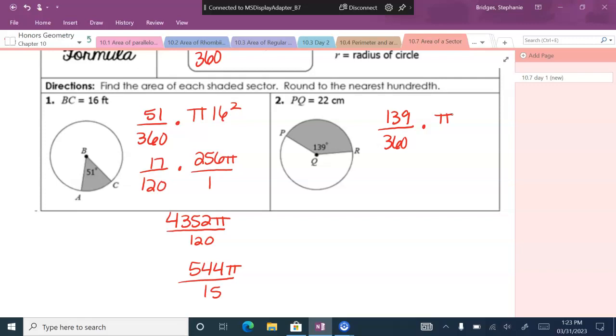Look above your picture. What does it tell you? PQ equals 22. Is PQ my radius? Okay, so let me see. 139 over 360, times 22 squared.